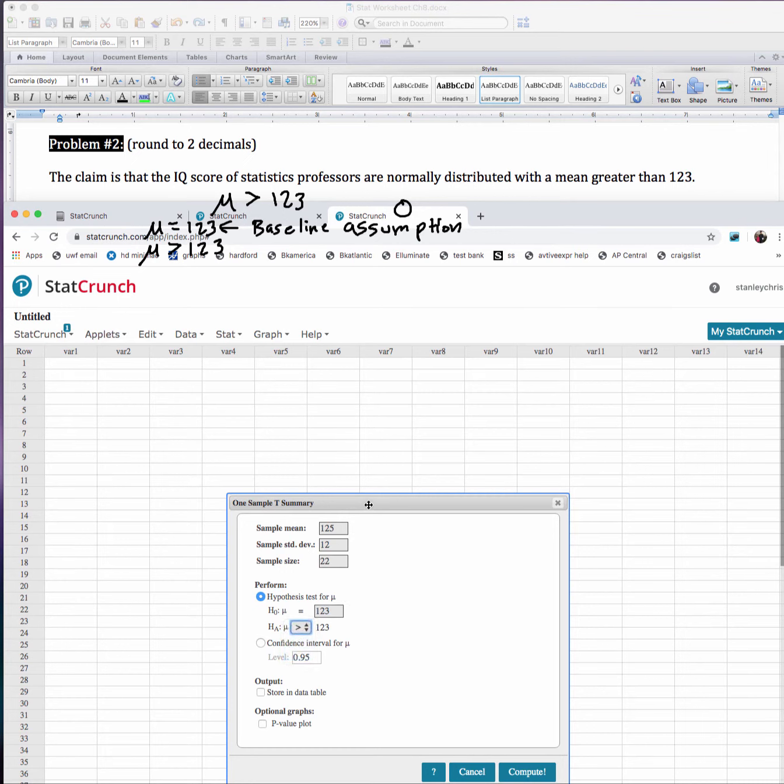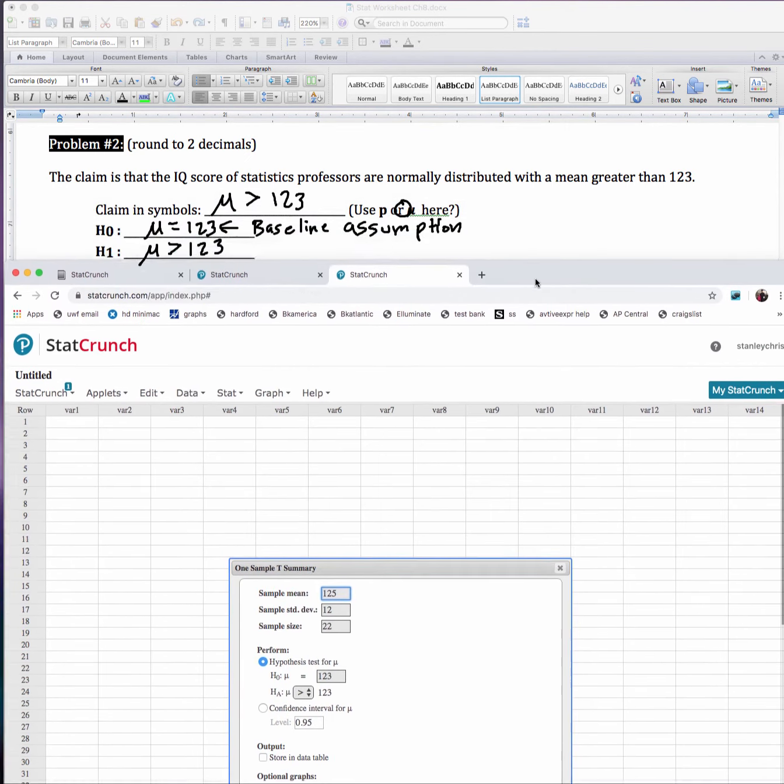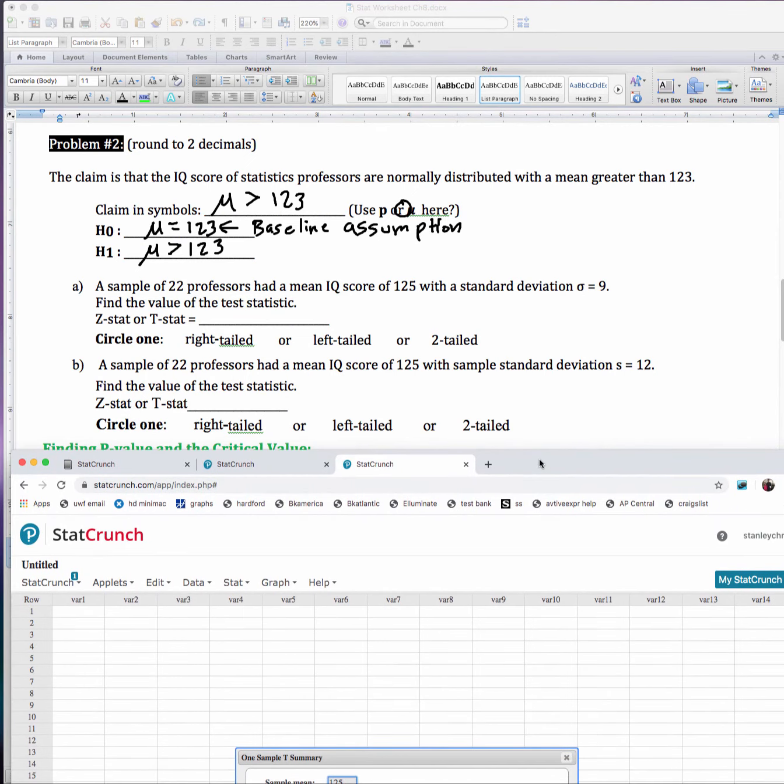You have to be careful you don't get confused between what's being tested and what happened in your sample. This is what's being tested. This is what happened in the sample. The sample result was 2 more than this 123.